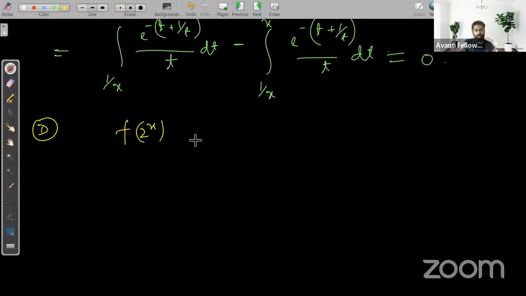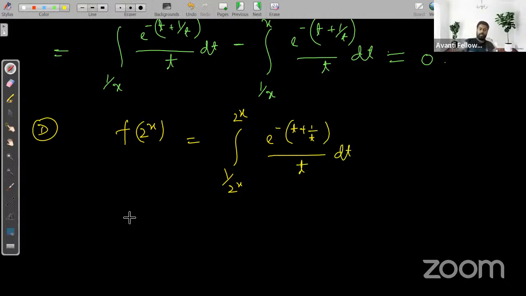How can you check? So this becomes 1 by 2 raised to x, and this becomes 2 raised to x, e to the power minus of (t plus 1 by t) divided by t dt. This is my f of 2 raised to x. If you put f of 2 raised to minus x, it will be 1 upon 2 raised to minus x, and this will be 2 raised to minus x.